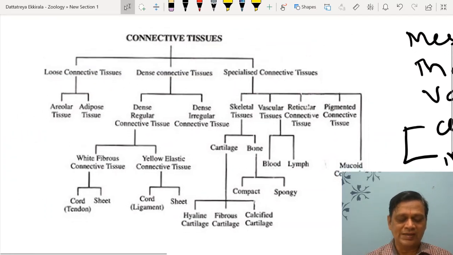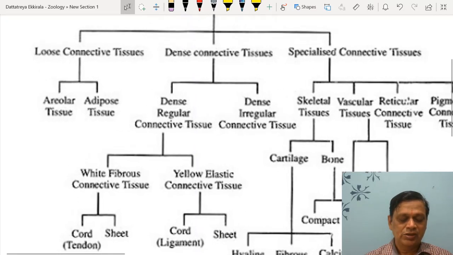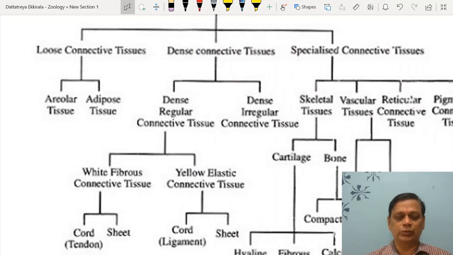Now, overall classification we'll see. So, the loose connective tissue. Connective tissue can be broadly divided into connective tissue proper and specialized tissues. There are different ways of classifying this, don't worry.